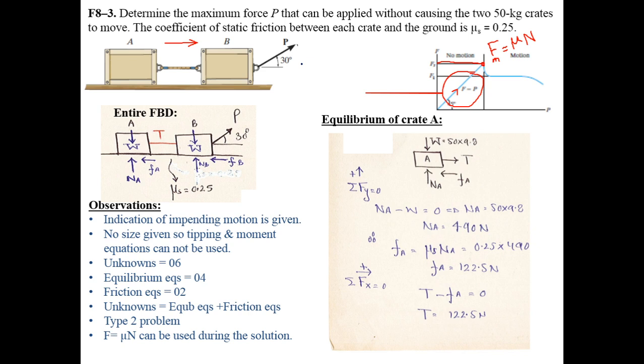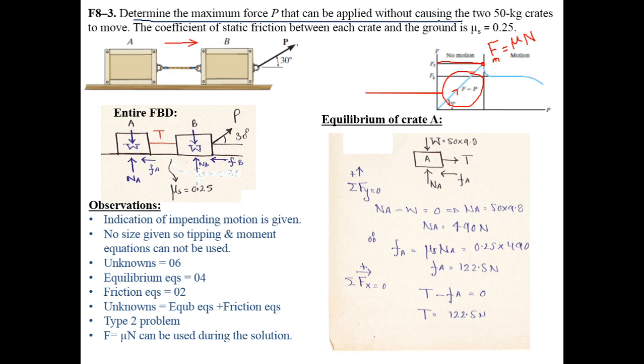Once we realized that it cannot be solved by considering only equations of equilibrium, because in a type 1 problem we only have to use equations of equilibrium, we came to know that this is basically a type 2 problem. Initially we considered that no impending motion state is defined, but afterwards we realized that actually it has been clearly defined to us.